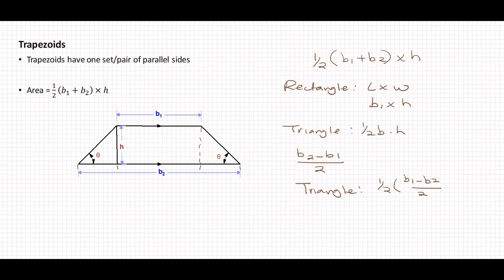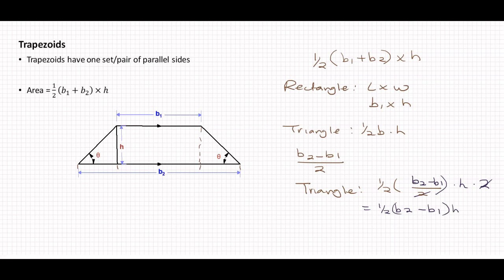Let's erase that. So it's B2 minus B1 over 2, and then we multiply it by height. But we have two of them, so we also multiply by 2. I'm going to cross out the 2 here. So this gives me 1/2 (B2 minus B1) multiplied by height.